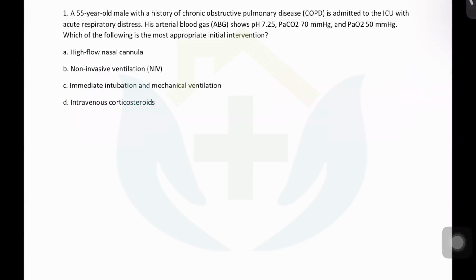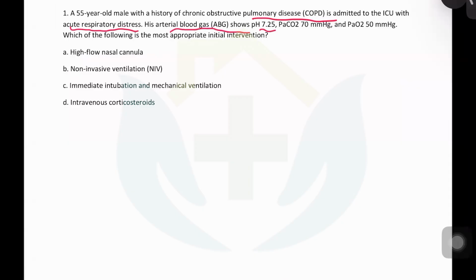A 55-year-old male with a history of COPD is admitted to the ICU with acute respiratory distress. He is a known case of COPD, so we understand this, and he is admitted with respiratory distress. As of now, we are not sure what kind of respiratory failure this is. We are curious though, so we will get an ABG done.